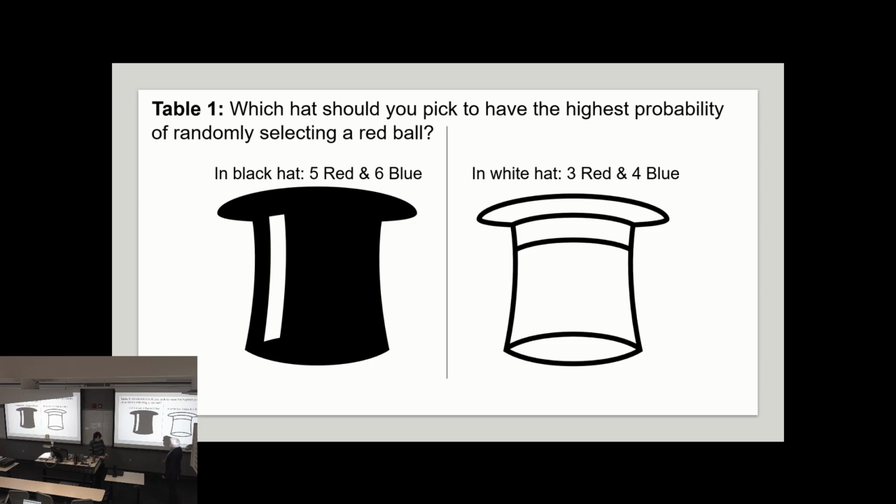There's a table with two hats on it, a black hat and a red hat. The black hat has 5 red balls and 6 blue balls. The white hat has 3 red and 4 blue balls. Which hat should you pick if you want the highest probability of getting a red ball?